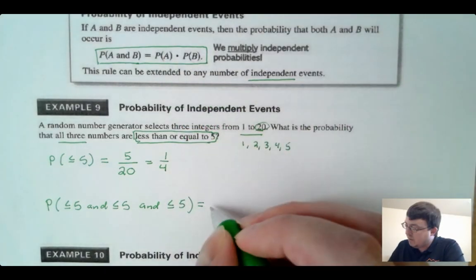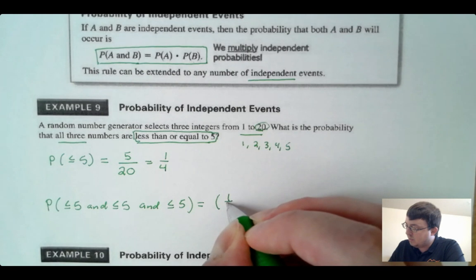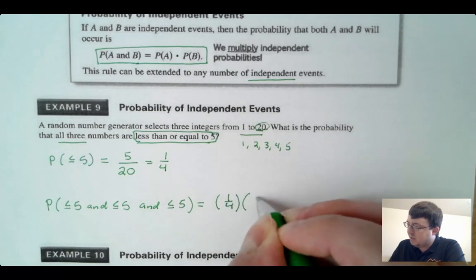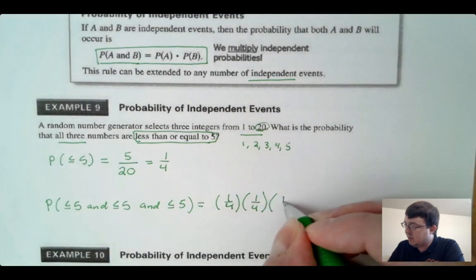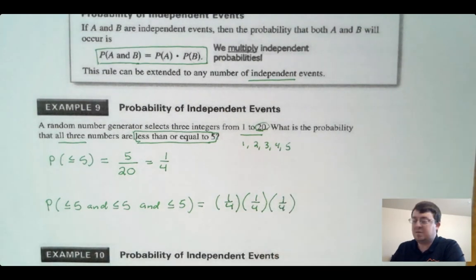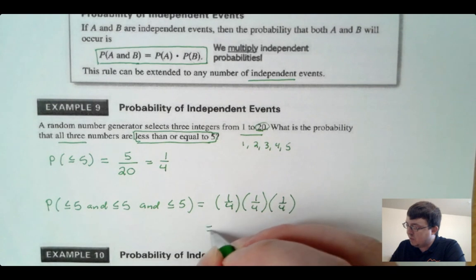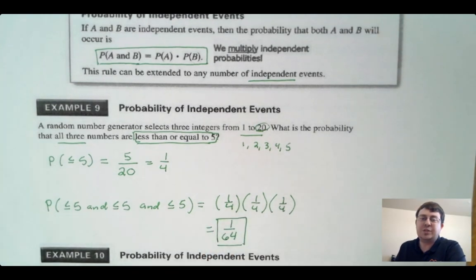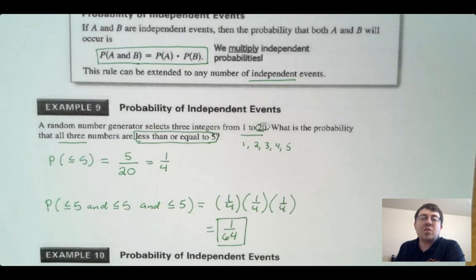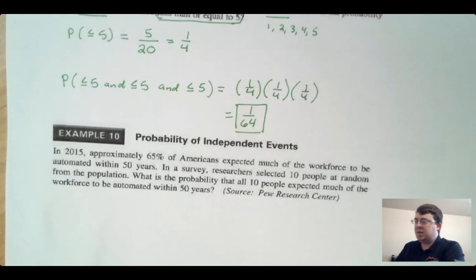I get the probability of the first one being less than or equal to 5 times the probability of the second one being less than or equal to 5 times the probability of the third one being less than or equal to 5. And that just becomes 1 over 64. I like to keep things in fractions. You know me. So the probability that three numbers are less than or equal to 5, if I'm choosing from 1 through 20, is 1 in 64. Not a huge probability.